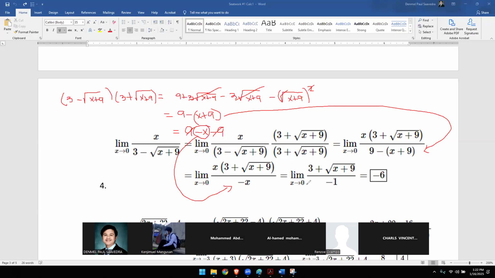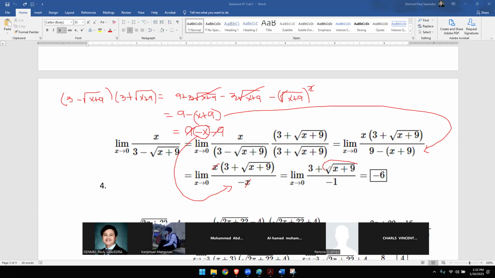And next, we simply cancel out the x, which is now equal to negative 1, and then retaining the 3 plus the square root of x plus 9, which is this one. Then afterwards, we can now substitute 0.